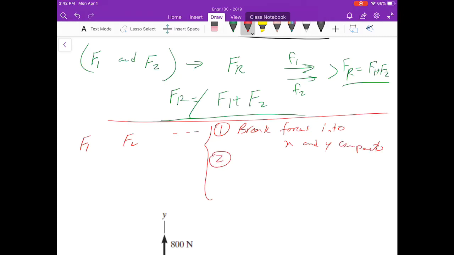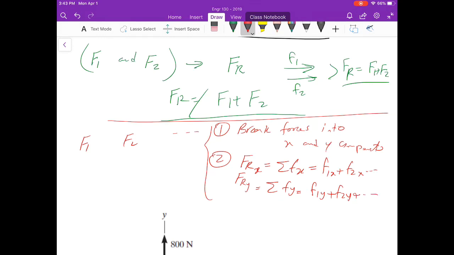In step 2, we say Frx, the resultant force in X, is equal to the sum of forces in X, which is F1x plus F2x plus whatever others there are. Same thing, Fry is equal to the sum of forces in Y, which is F1y plus F2y.